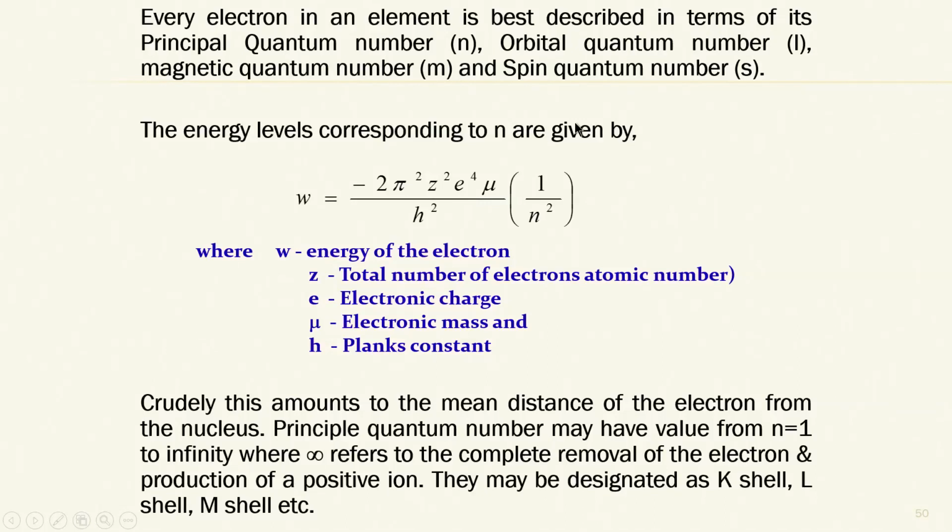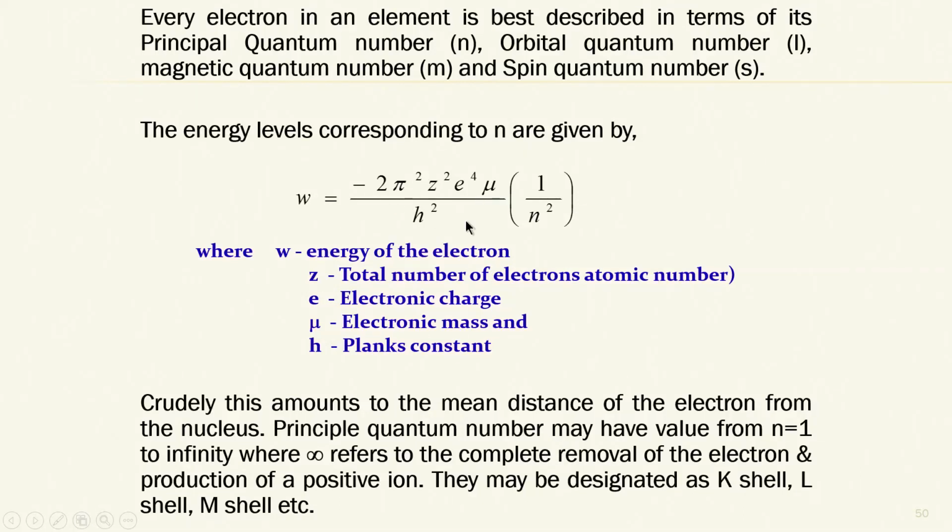So, n, L, m and s are the 4 quantum numbers, and the energy level corresponding to the orbit n would be something like this: W is equal to minus 2 pi square z square e to the power of 4 into mu divided by h square, multiplied by 1 over n square. This term is not very important as far as your course or exam is concerned, but it is good to understand these things.